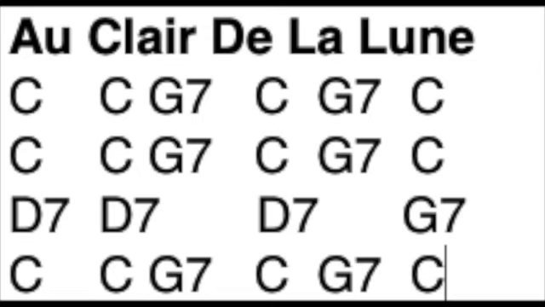In one of our first songs, we saw Au Clair de la Lune, we learned the chords. We played C, C and G7. That G7 leads you back to C, to G7, back to C. We repeated that, and then we had an entire line with D7s.